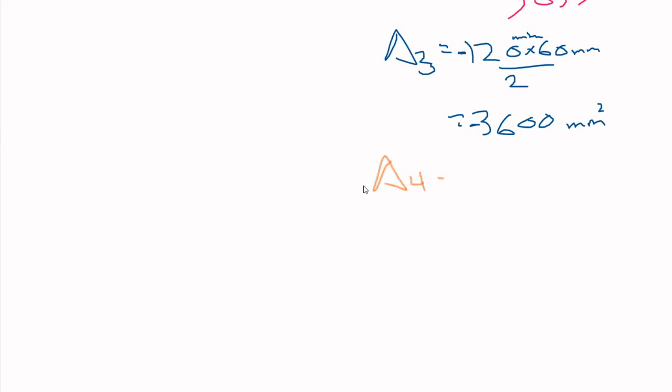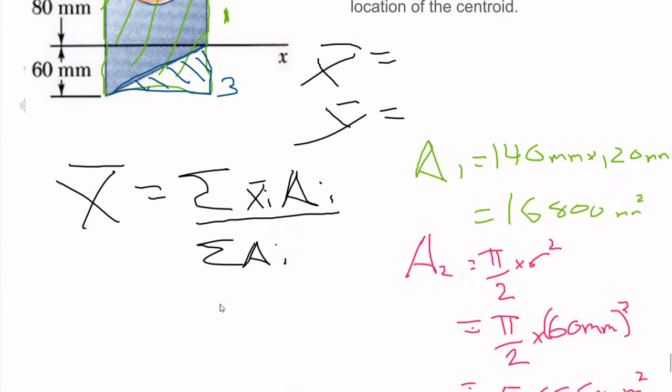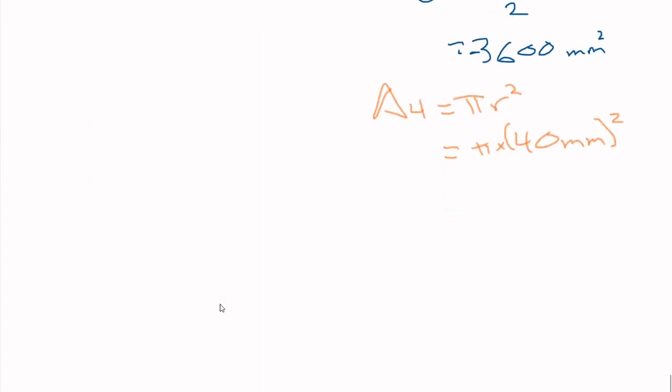So A4, again, pi r squared, no half because this is a full circle, not a semicircle. So pi times, it was 40 millimeters, pretty sure, I'll double check. Yep, 40 millimeters for the radius.